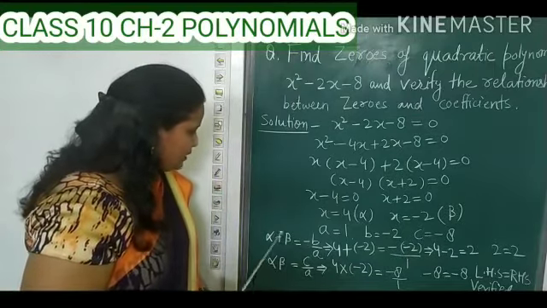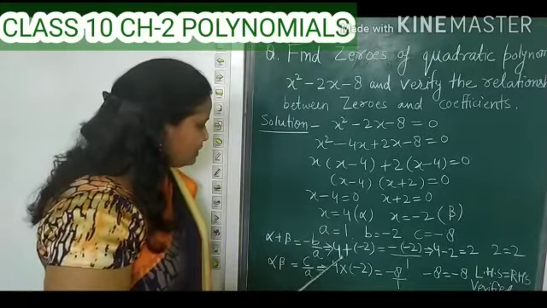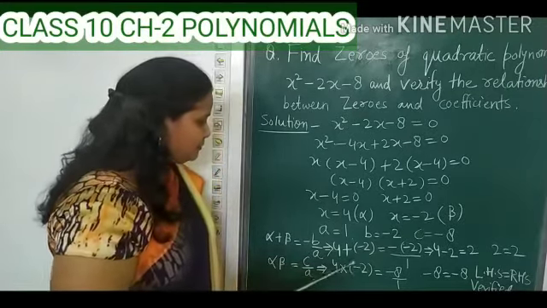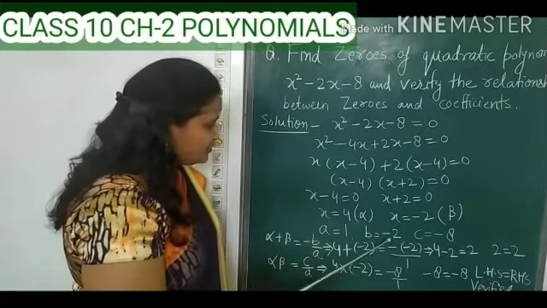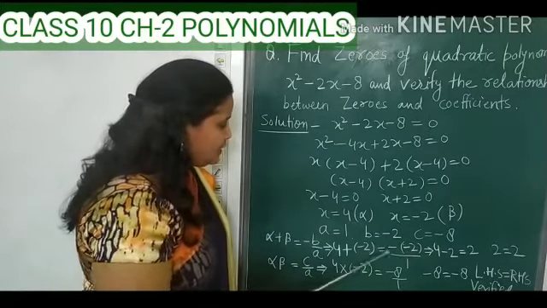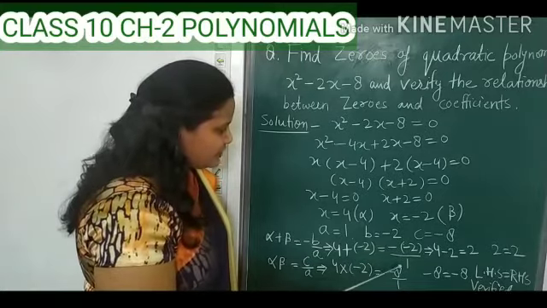So here for alpha plus beta, I can write 4 in place of alpha and minus 2 in place of beta. Now minus b upon a: the value of b is minus 2, so minus, and I write this minus 2 in bracket, upon a, the value of a is 1. So the expression becomes like this.